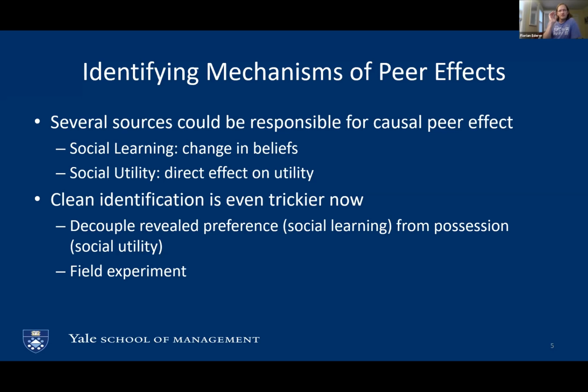The one thing that could be driving peer effects is something changing in the beliefs, for example my beliefs about the quality of a certain product, or the benefits of a particular activity. Let's call that social learning. I see somebody else using that, I therefore update my beliefs about how good that thing is, and because I changed my beliefs, that now makes me want to have that thing too. And that's going to generate the peer effect.